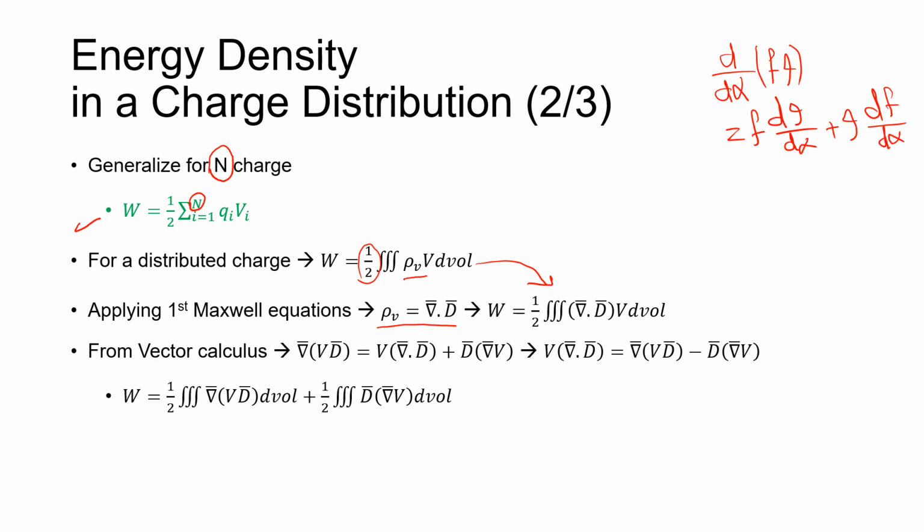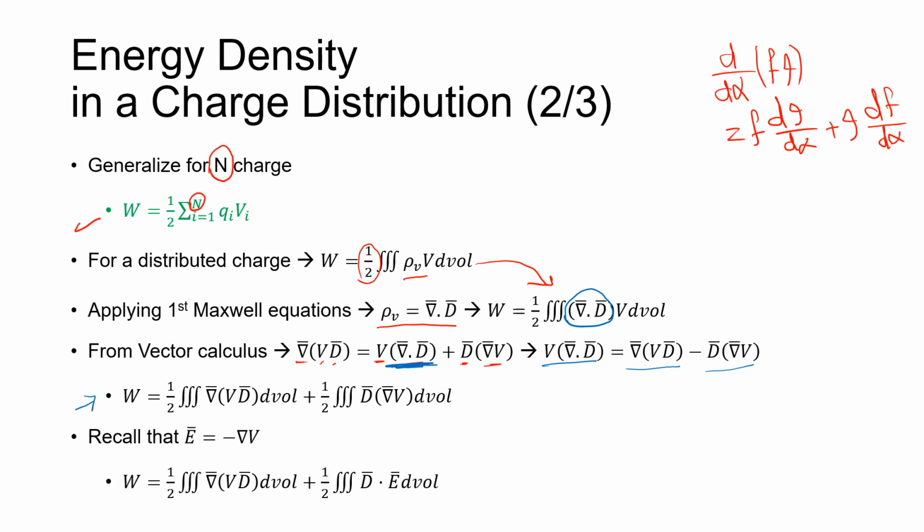And since nabla is nothing but the derivative, you can do the same for V and D. When you do so, you will get V divergence of D plus D multiplied by the gradient of V. We already have one of these quantities here; this one is just similar to this one. So we can rewrite our quantity as V multiplied by divergence of D equal to nabla dot VD minus D dot gradient of V. If we do so, we reach this equation.